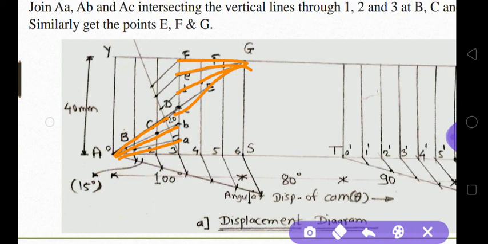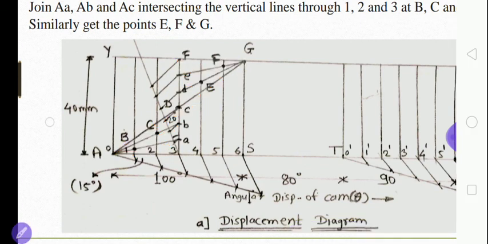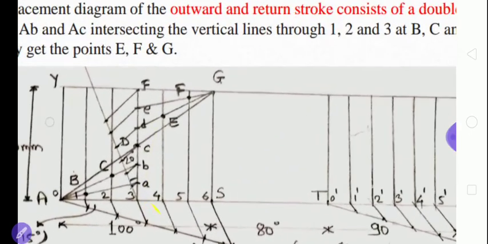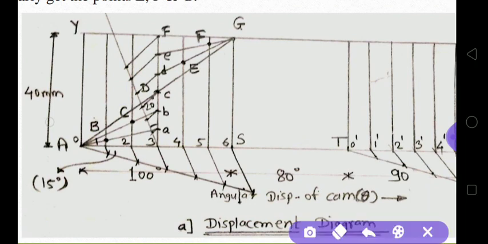So I will join these lines, and after joining these lines, you have got that these lines are cutting this vertical line at certain points. Suppose this A to small a inclined line cutting this vertical line at one point.